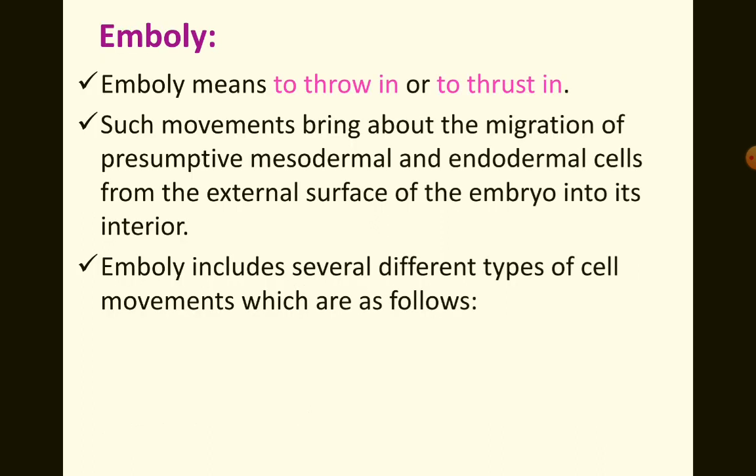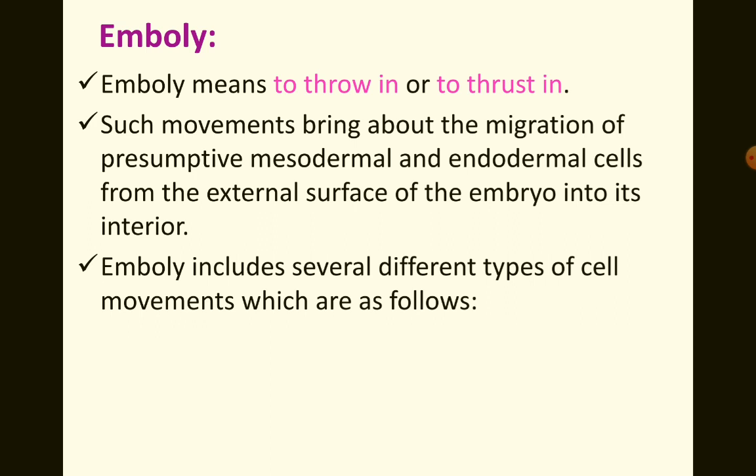Now when we learn about emboly, it means to throw in or to thrust in. So it's an inward kind of movement, unlike epibole. Such movements bring about the migration of presumptive mesodermal and endodermal cells from the external surface of the embryo into its interior.